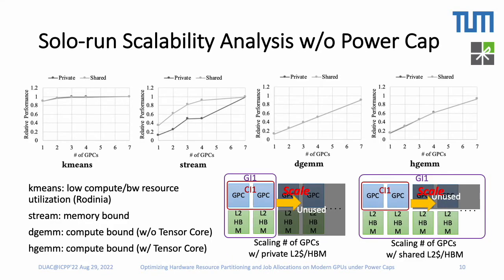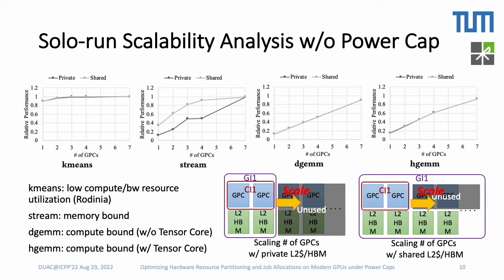Okay, here is first the scalability analysis. In this case, we didn't do power capping, and we use two different options. The first one is private. When we scale up the number of GPCs, we also scale the memory resources. That is a private option.